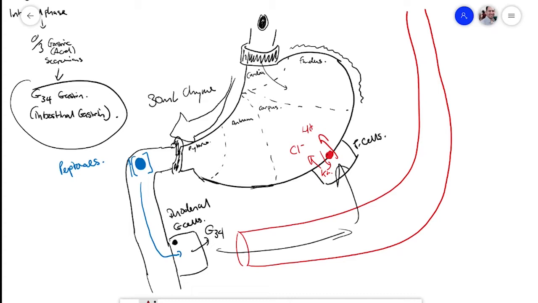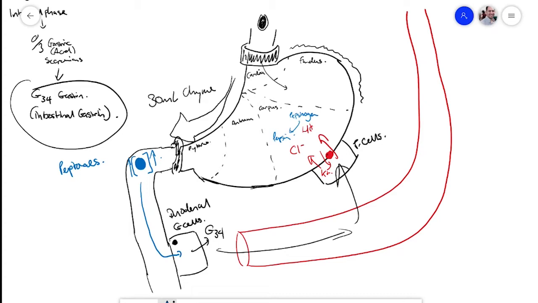That will reduce the pH, which will change pepsinogen to pepsin, which will then break down more proteins, increasing the concentration of peptones, and then we've got a nice feedback loop that is going on. Lovely. Okay, so that's the first bit of that dealt with.